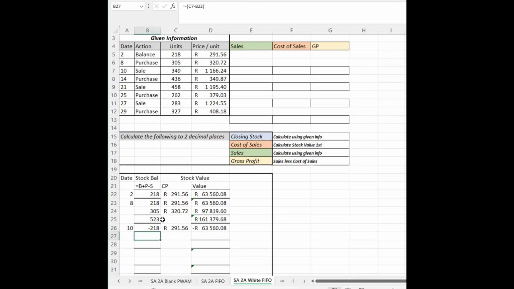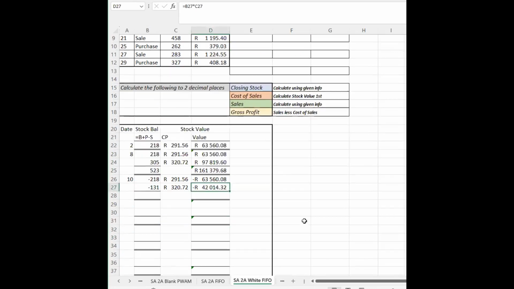And then the rest, we are going to sell at the cost price of 320. So what is the rest? Well, the rest is the number that we were selling, the 349, minus the 218, which is 131. That 131, the cost price that we are using is 320. So it adds up to 42,000.